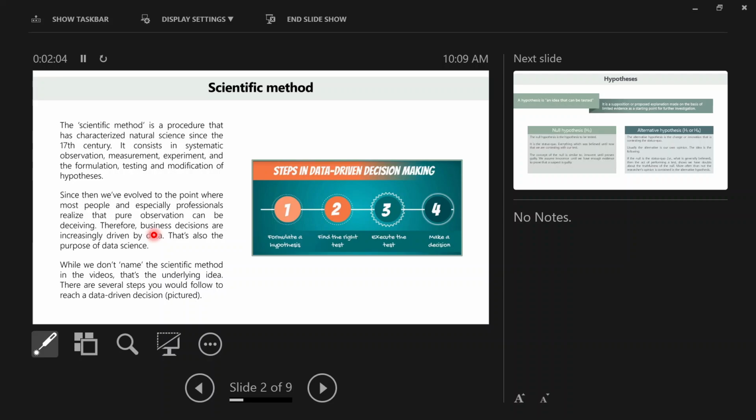Basically, what that statement means is that in the past, businesses could just make assumptions. For instance, if it is the marketing department, the main reason why this marketing method is better than that is because of A, B, C, D, and so on.